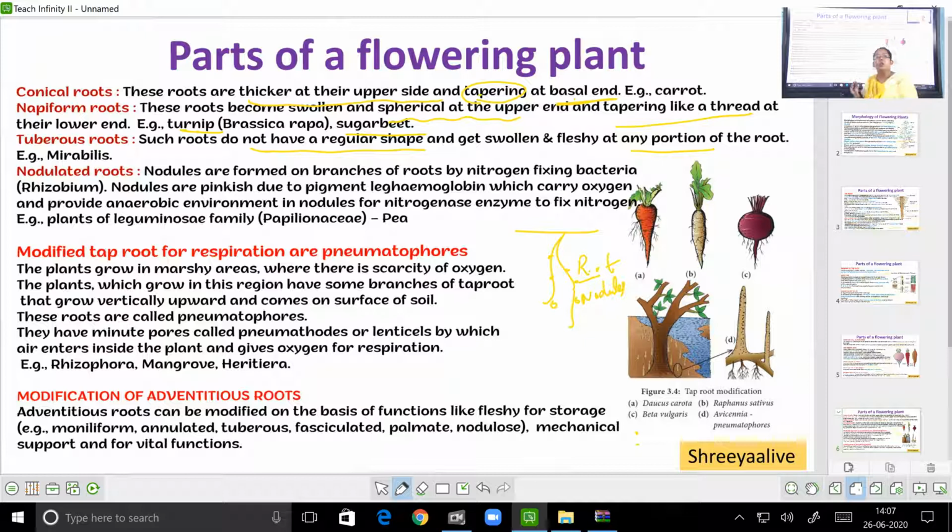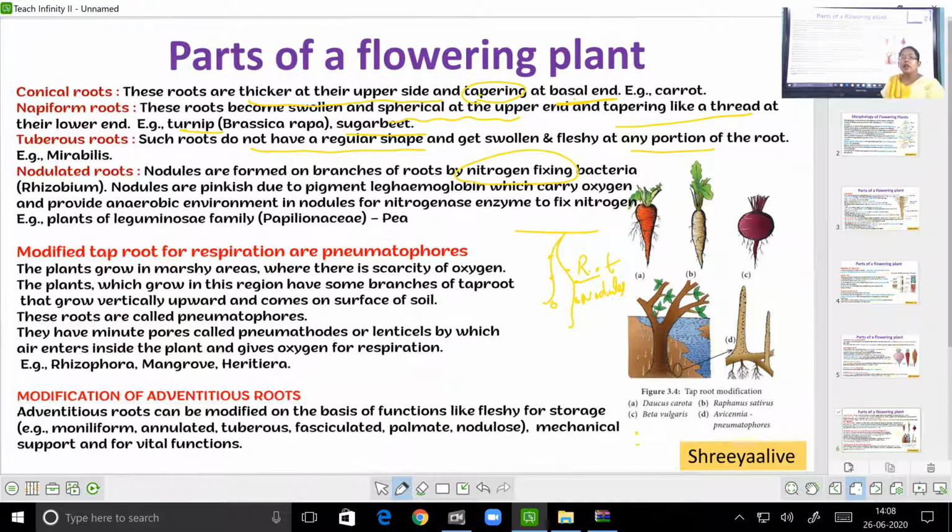These root nodules are pink in color because of the presence of a hemoglobin-like pigment in them, which carries oxygen and provides an anaerobic environment. The main function of the rhizobium in the root nodules is that they help in fixing atmospheric nitrogen. Nitrogen fixation.